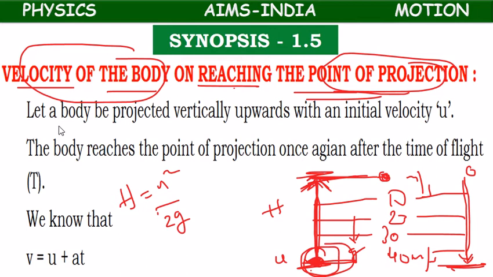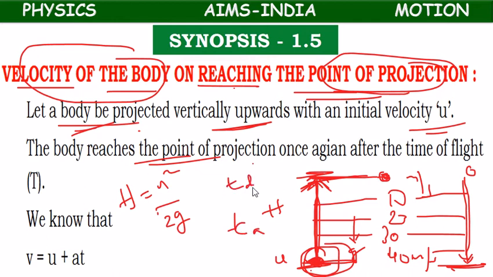So let's assume, children, a body is projected vertically upwards with an initial velocity u. The body reaches the point of projection after some time: the time of ascent while going up, plus the time of descent while coming down. This total of time of ascent plus descent is called the time of flight.